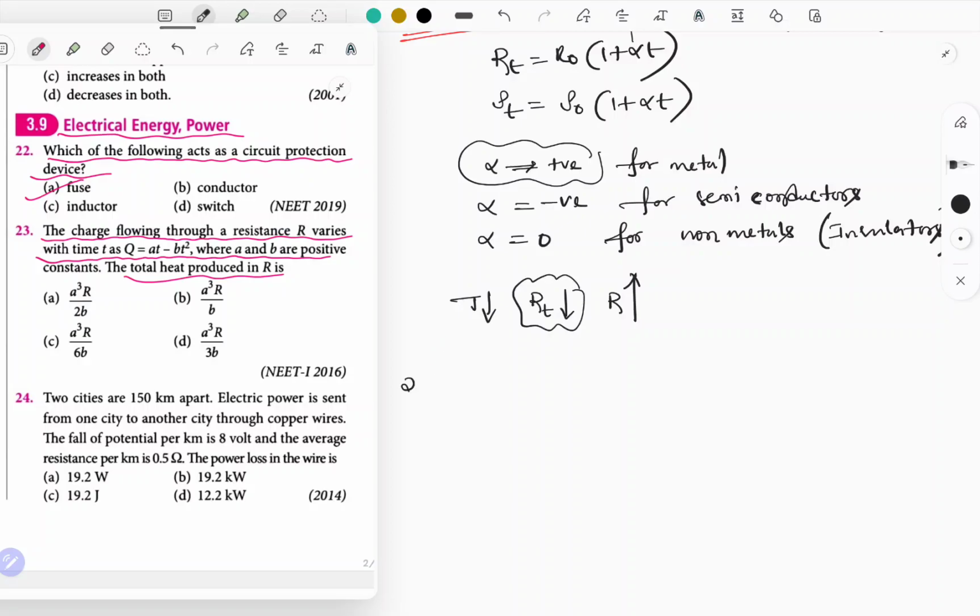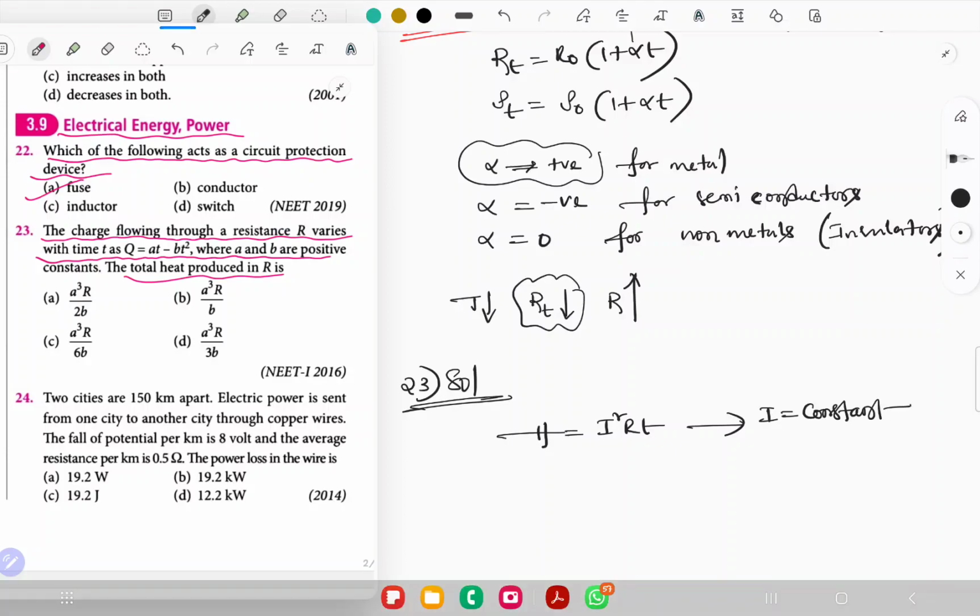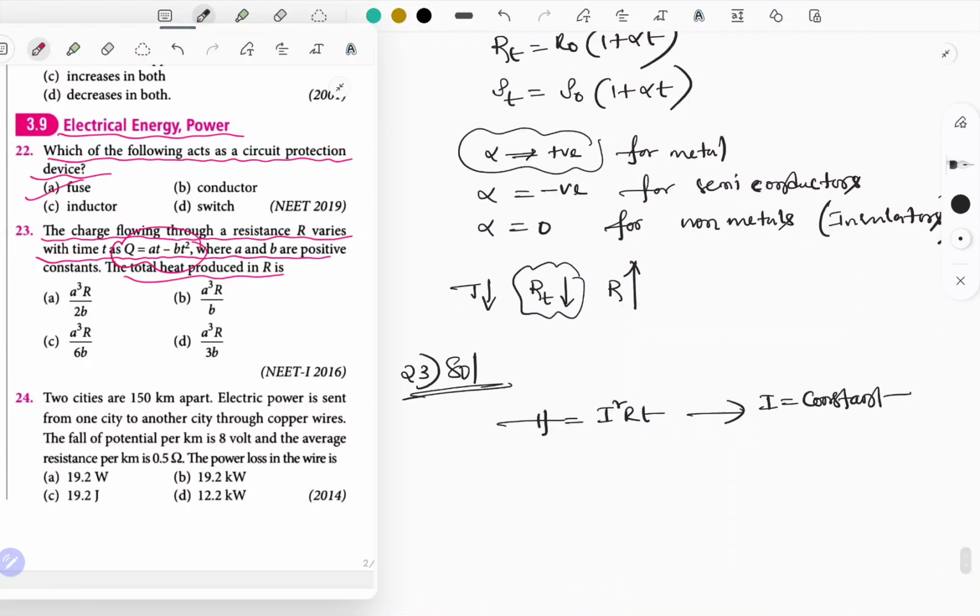So for 23, formula for heat produced is I square R into t. This is applicable if I is constant. So check out here. In this question, is I constant? How can I decide whether I is constant or variable here? Based on the charge. Is charge constant or variable here?